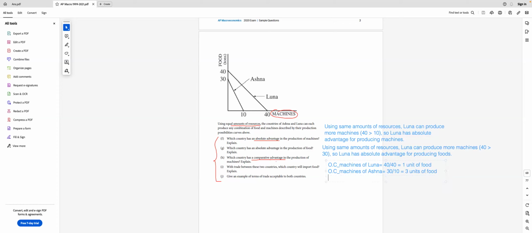We compare 1 unit of food and 3 units of food. Luna has comparative advantage for producing machines, because its opportunity cost is lower.